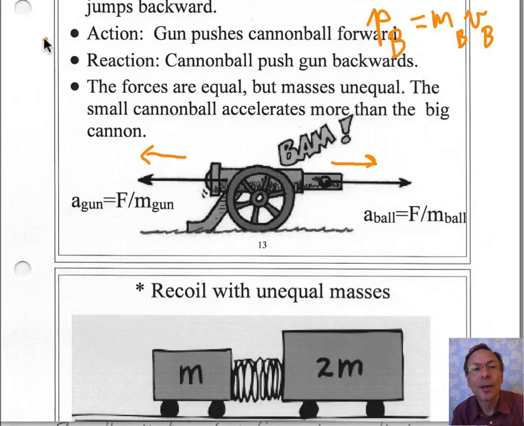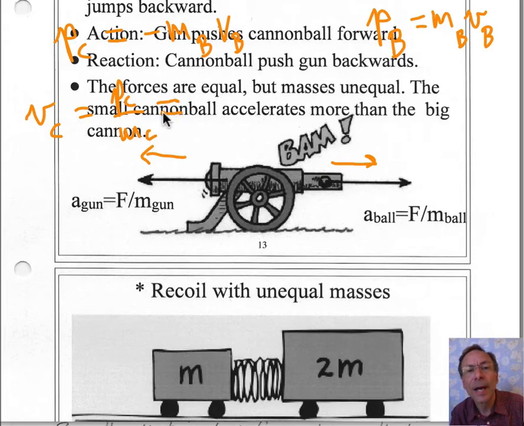P sub C, for cannon, is equal to minus the mass of the ball times the velocity of the ball. Now, the recoil velocity of the cannon is equal to the momentum of the cannon over the mass of the cannon. But now I can plug in minus mb vb, so I have minus m of the ball, v of the ball, over the mass of the cannon.